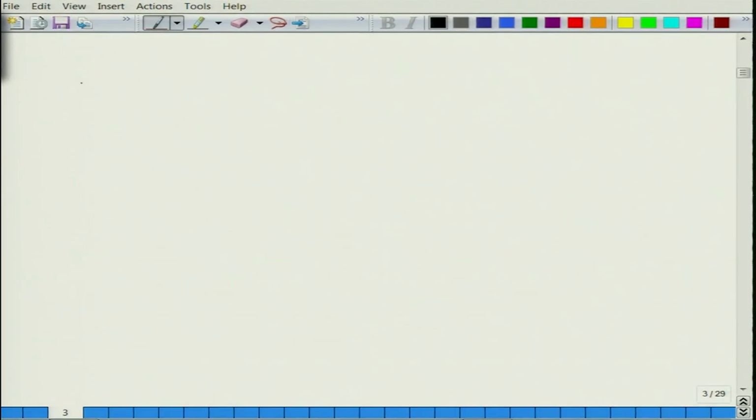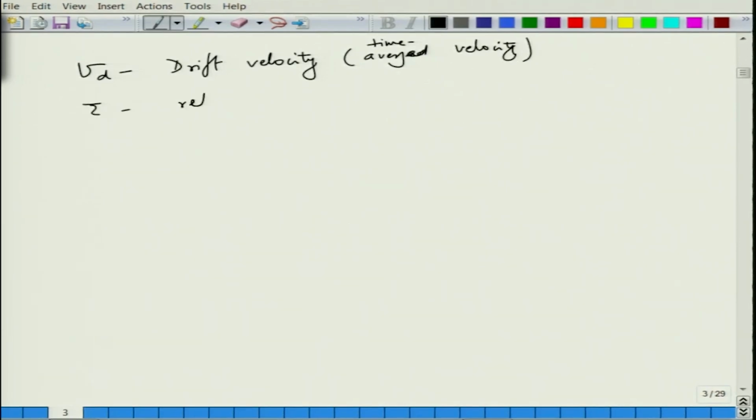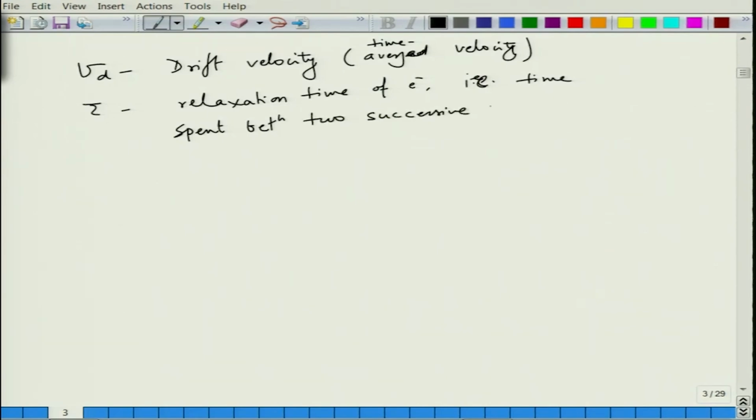So Vd we can define as drift velocity, or you can say time averaged velocity, and tau is the relaxation time of electron, that is, the average time spent between two successive collisions.